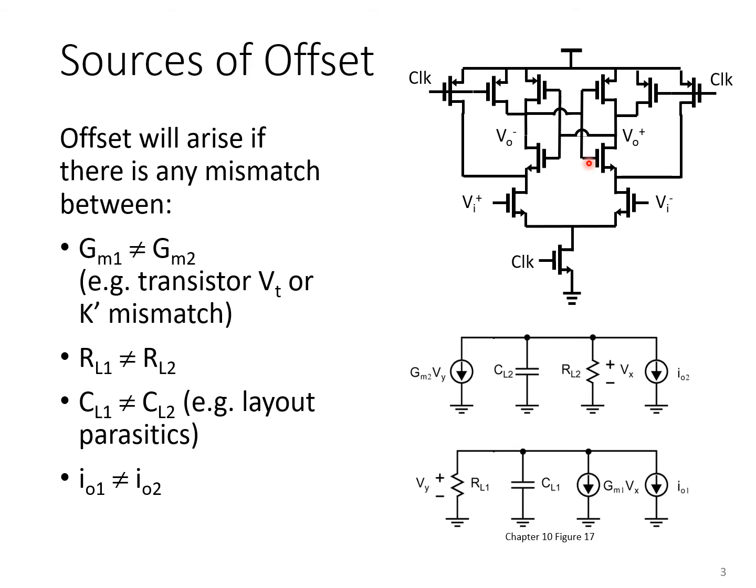So how do these mismatches result in comparator offset? Well, let's remember the operation of our dynamic comparator. Remember that we've got a regenerative core where two node voltages, Vx and Vy, sort of feed each other through these transconductors here. Now, this is going to cause a sort of, I think of it as a race.